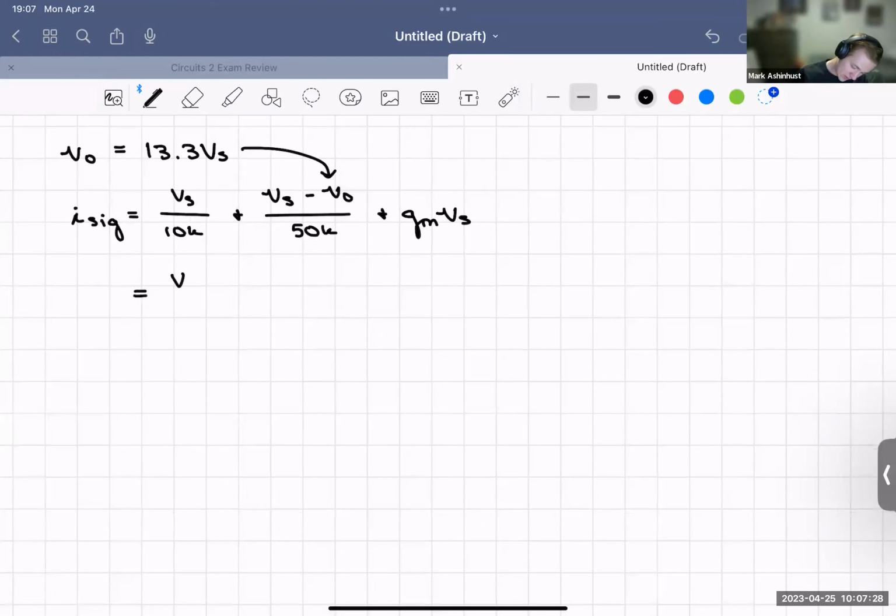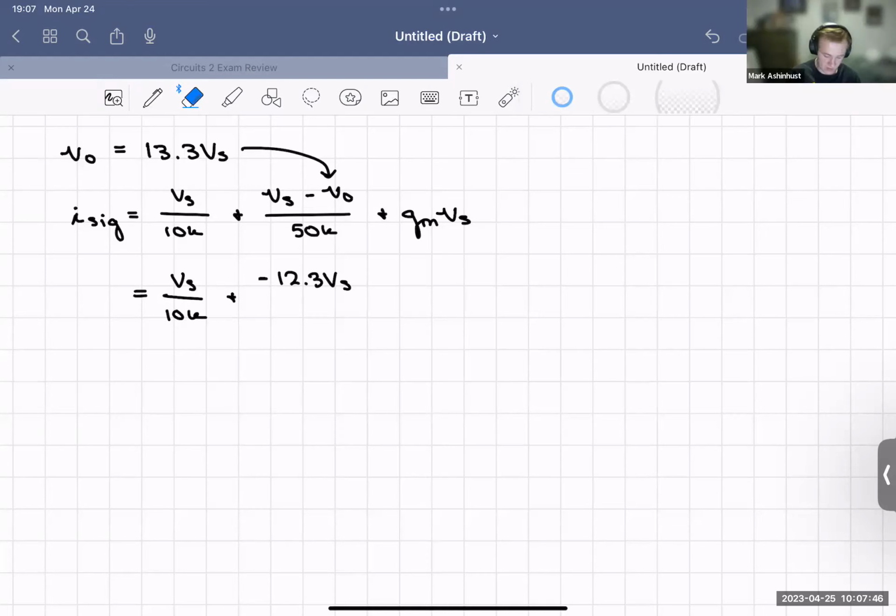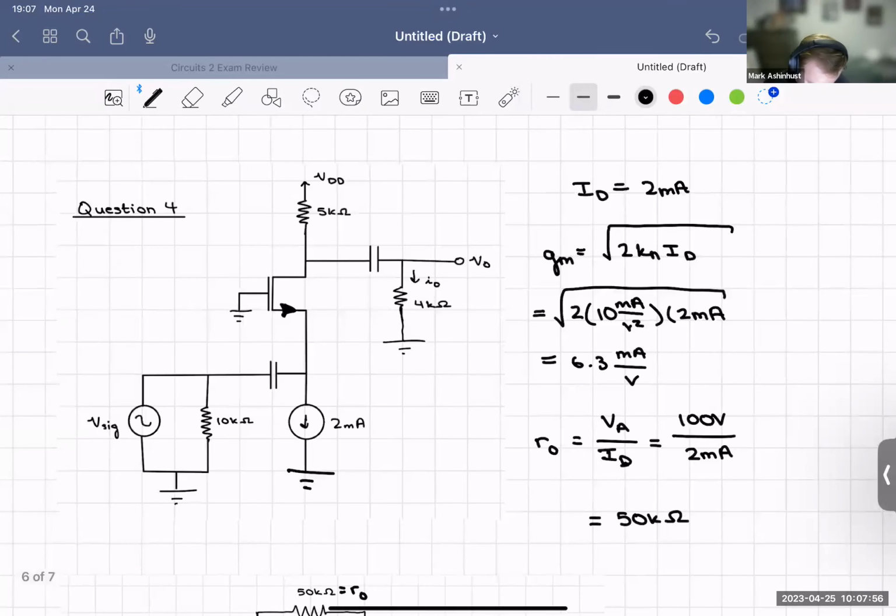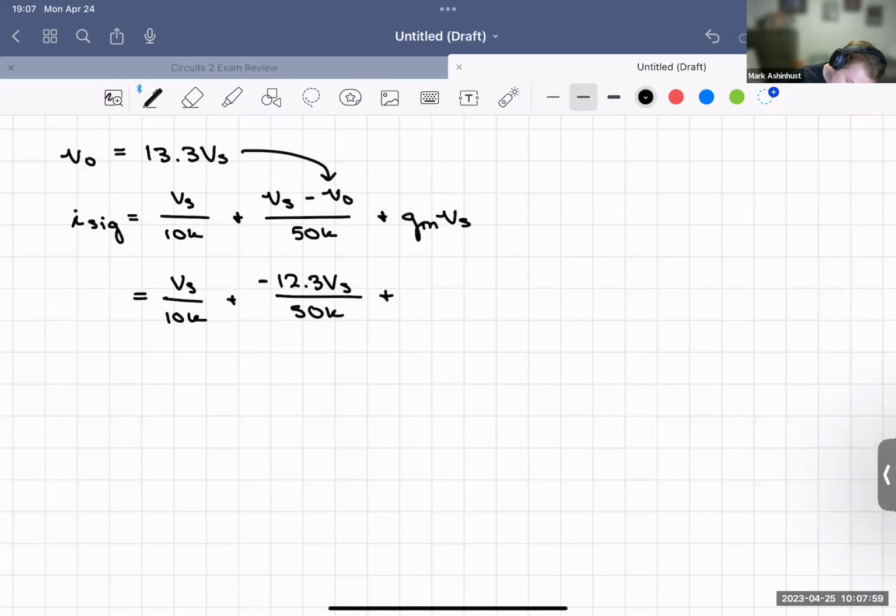So we get VS over 10K plus negative 12.3, sorry, because we have one VS minus 13.3 VS, which is negative 12.3 VS over 50K, plus gm, which we solved to be 6.3 milliamps per volt, so it's 6.3 times 10 to the negative 3 VS.